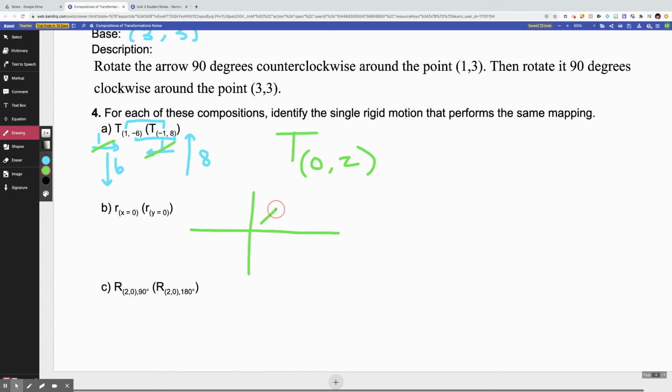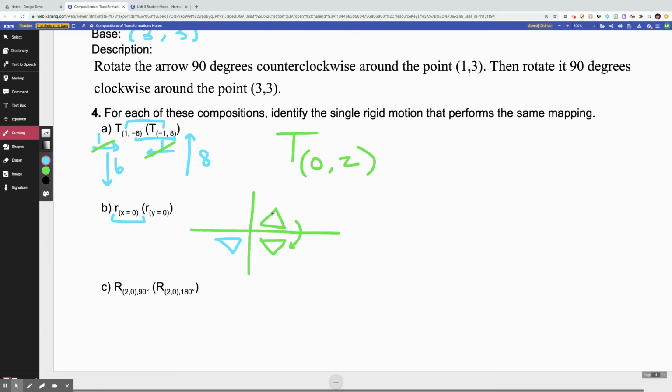For part B, you saw an example of this in the previous video, but let's say I have a shape that looks like this. I reflect it over the line y equals 0, which is the x-axis. So I flip it this way, and then I flip it again over the line x equals 0, which is the y-axis. So it ends up looking something like that.